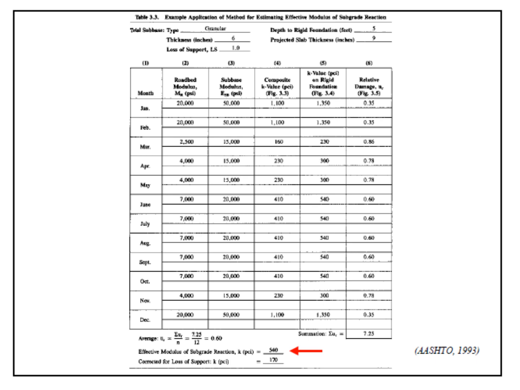So here we have the values of the roadbed modulus M sub R for different months, and in the next column the subbase modulus ESB values are known to us, and we have written these values over here.